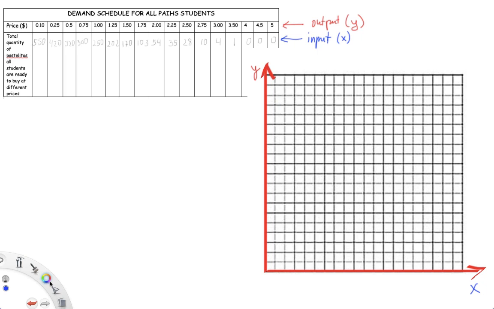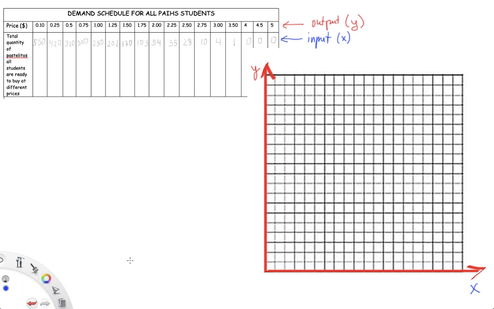And when they decide to produce a certain quantity, the price will change depending on how much they produced. If they produce a lot and they offer a lot on the market of a certain product, the price will probably decrease because there's a lot of product offered. And if they produce very little, there won't be enough in the market and the price will rise. So the input will be the quantity produced.